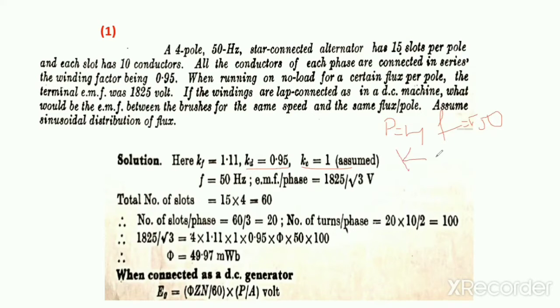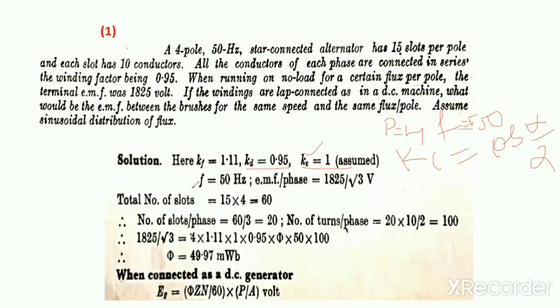Normally KC, the coil span factor, is equal to cos alpha by 2. But in this case, there is no alpha value. That's why we are assuming the coil span factor KC is equal to 1.